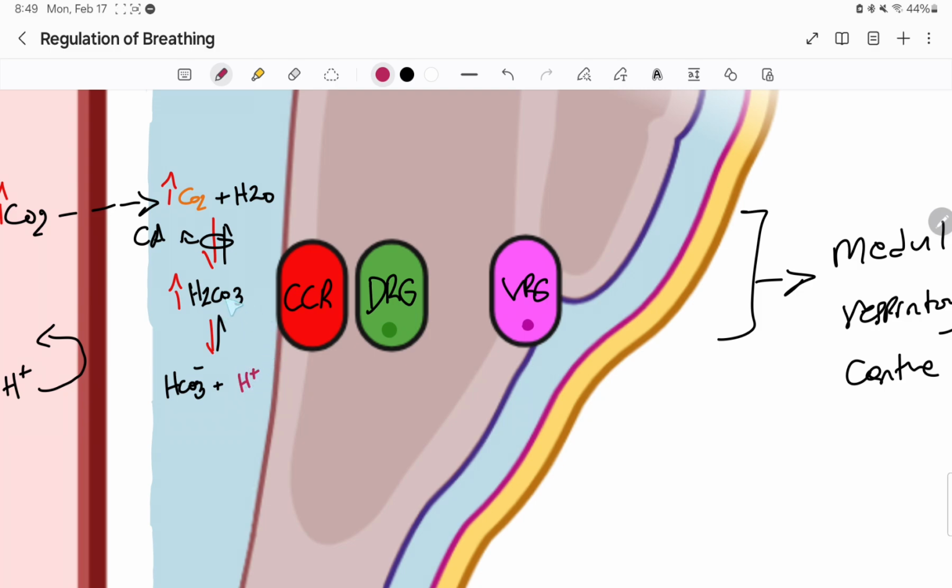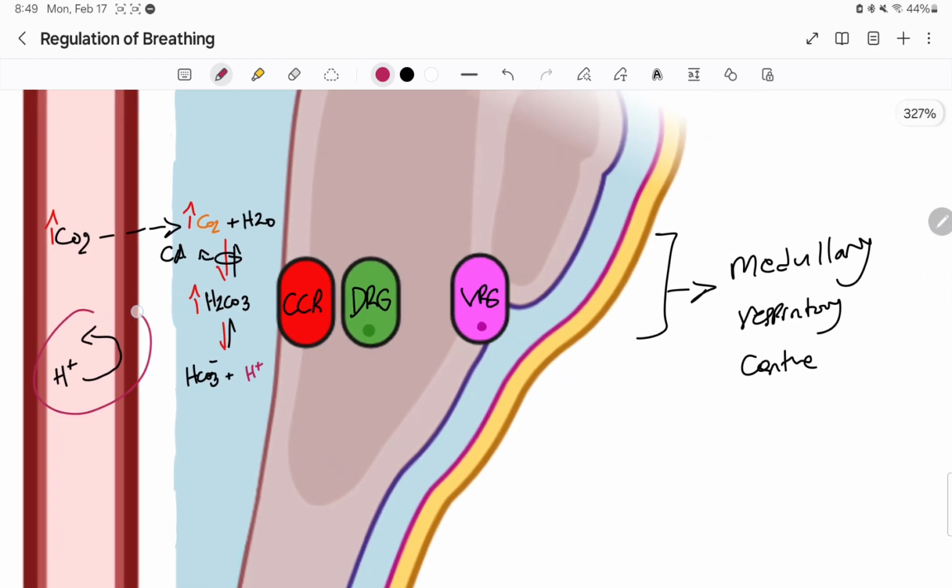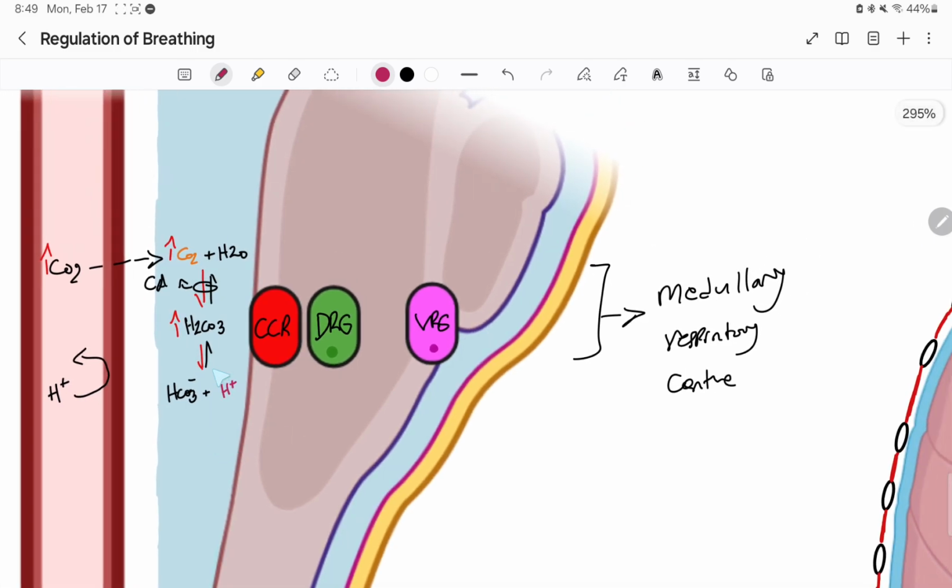So you see how this H2CO3 dissociated into this proton ion. Remember something cool I said in the beginning? This proton ion that was out here, it can't actually make it inside of this brain. So what ends up happening is we actually end up transporting this guy like this, okay?